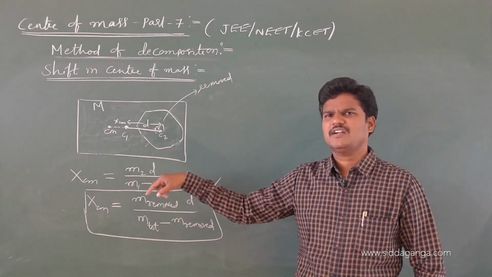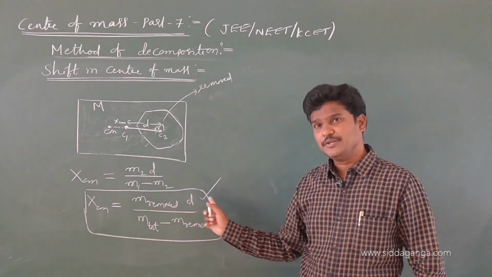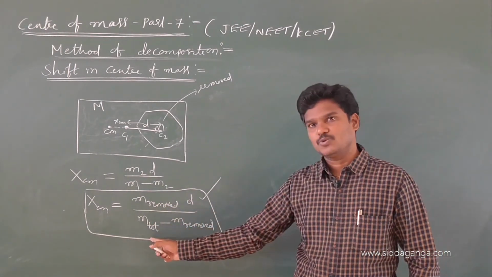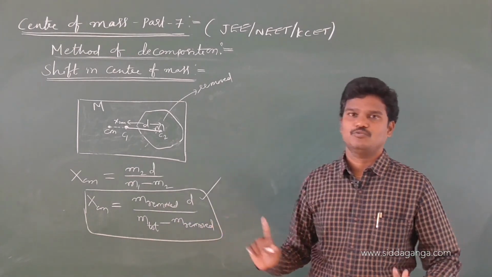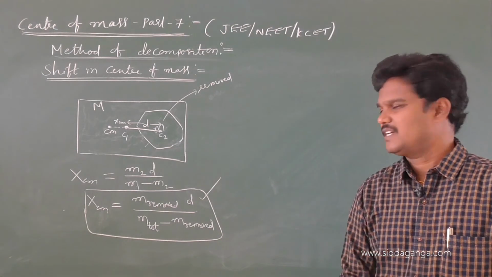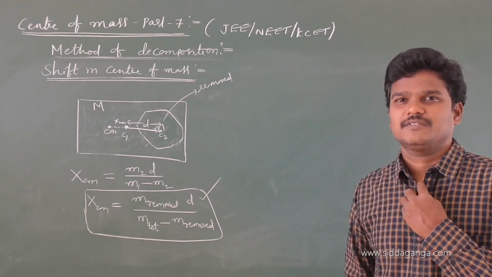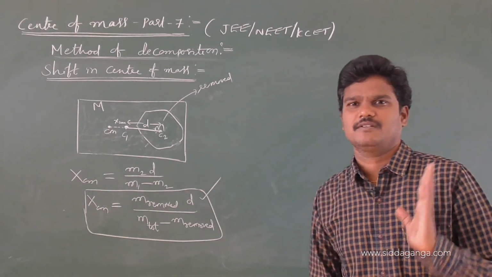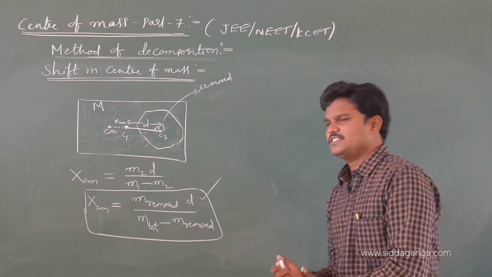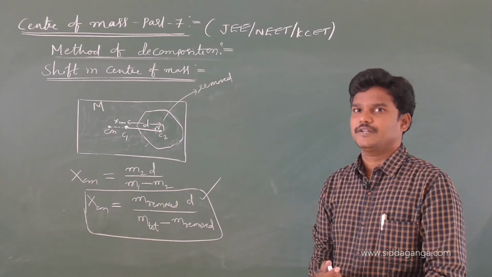If any part is added, M1 plus M2. Now, mass removed into distance by total mass minus removed mass. Directly we can write it, no need to remember the formula, just follow the process and you will get the answer. For our convenience I am using this formula: mass removed into distance by total mass minus removed mass.